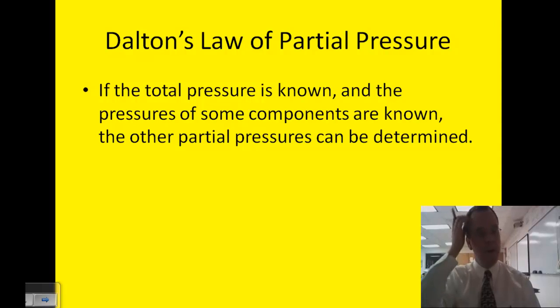Now, we can also go in reverse, knowing the total pressure, and using it to find out the partial pressure of one of the individual gases. We will use this during the butane lab. Anytime we collect gas, we usually collect it over water. And if we collect a gas over water, that gas contains both the gas and water vapor, or water in the gas form.